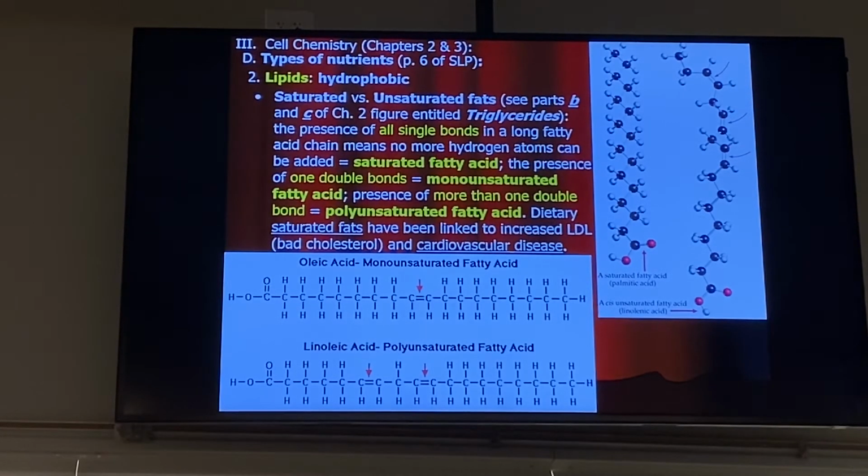What matters is, are the fats you're eating saturated or unsaturated? And it's because of what your liver will do with it. Okay? But dietary saturated fats have been linked to increased low density lipoproteins, LDLs. And that tends to form the atherosclerotic plaques of cardiovascular disease. Any questions?